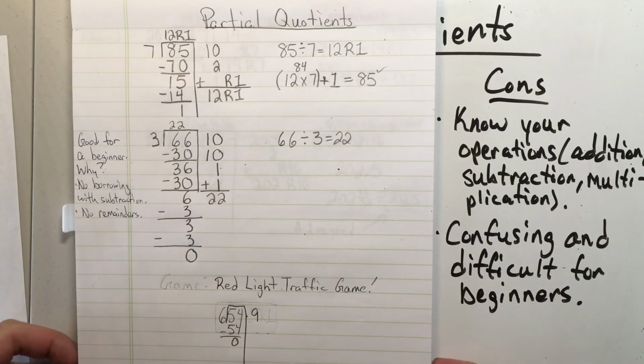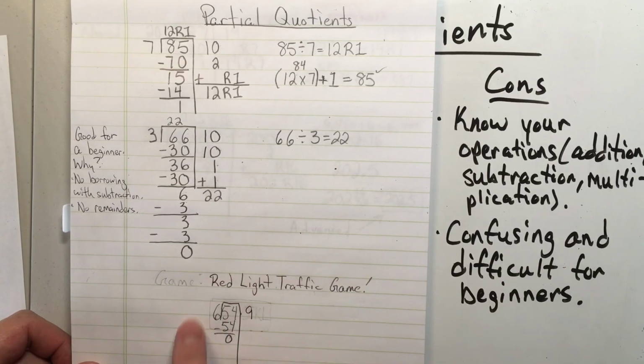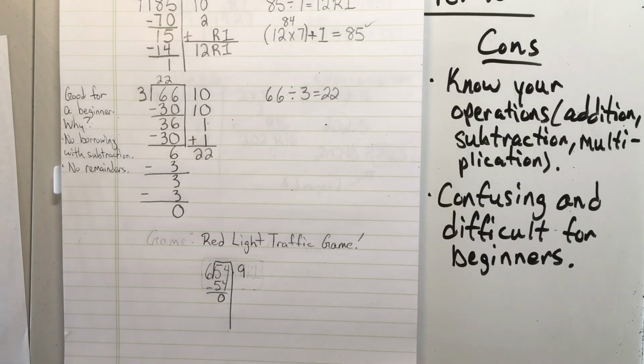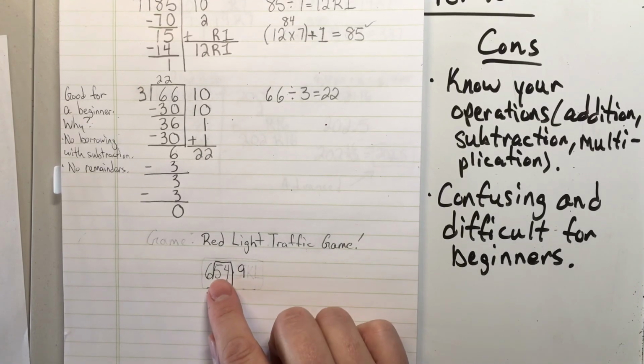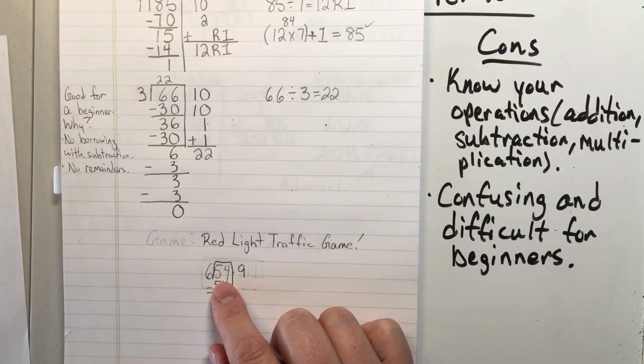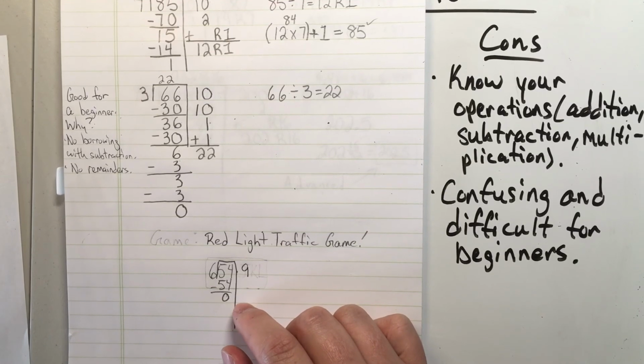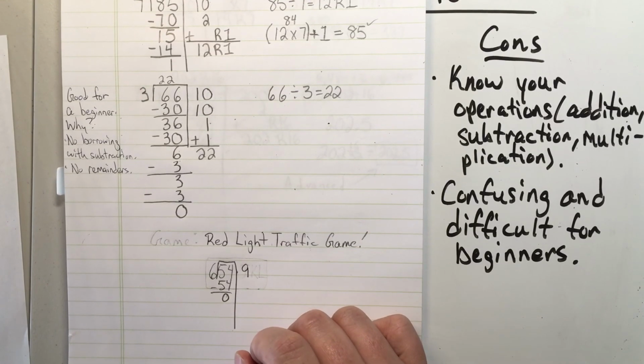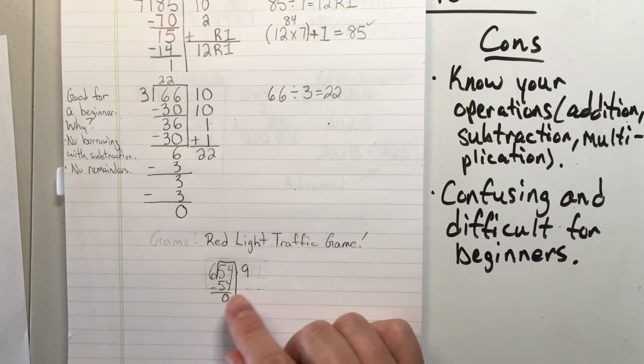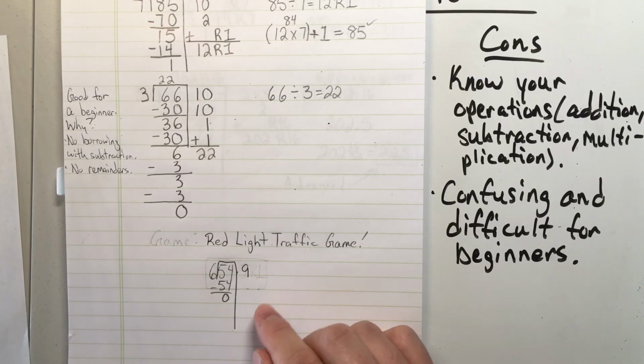And try that red light traffic game if you can. I think it's cool. That's actually how I became proficient at this strategy, because if you really think about it, especially in the United States, I know some of the viewers are outside of the United States, but that's how our license plates look. It has like three numbers followed by 3 letters if it's not customized.